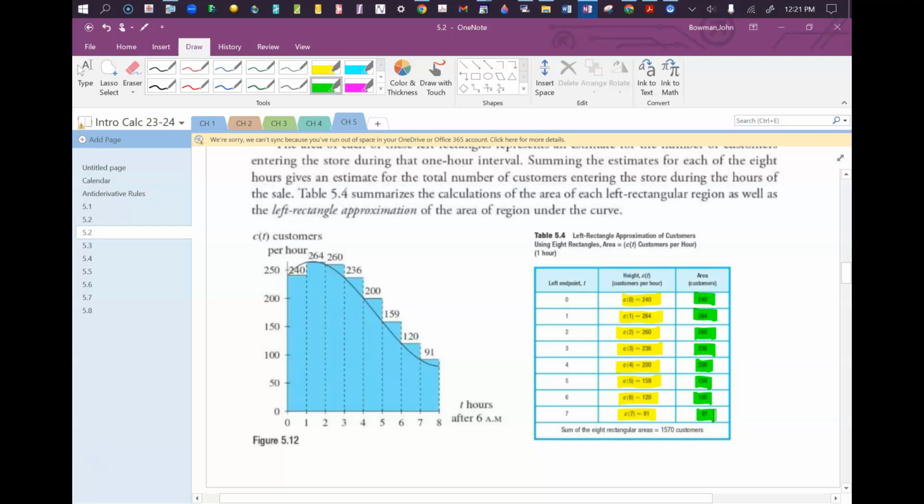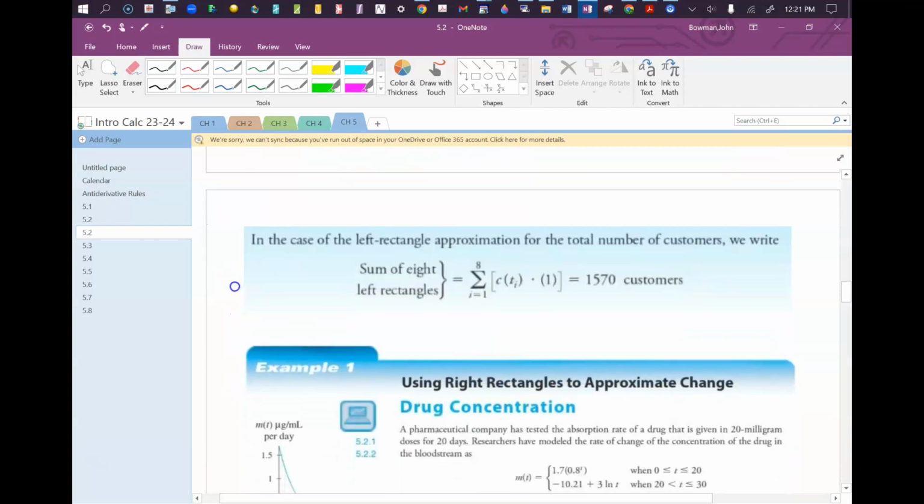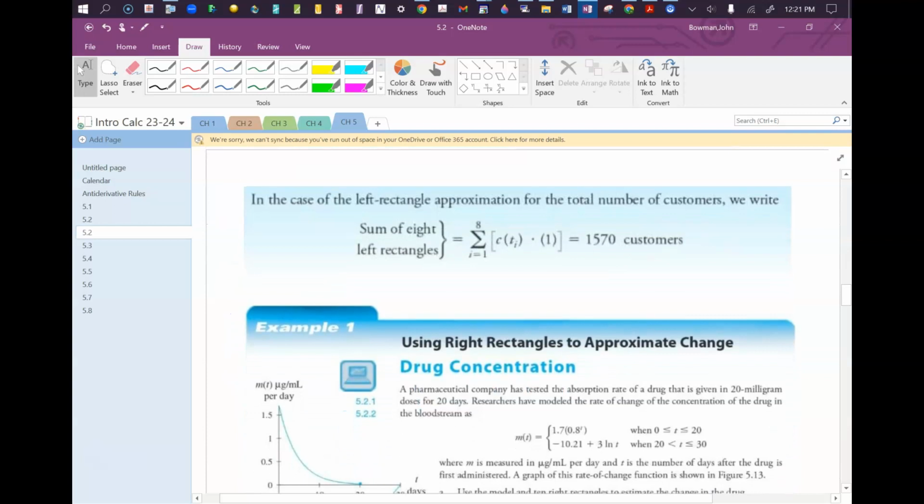And those are an estimate for the area between the function c of t and the horizontal axis. If we add those up, we get the height of the function at each x value times the width of the rectangle. We add all those up, which is what this sigma notation tells us. We would get a total change in customers of 1,570.